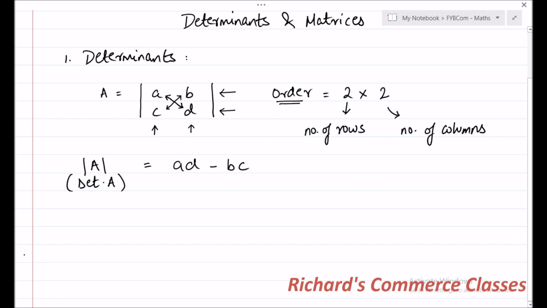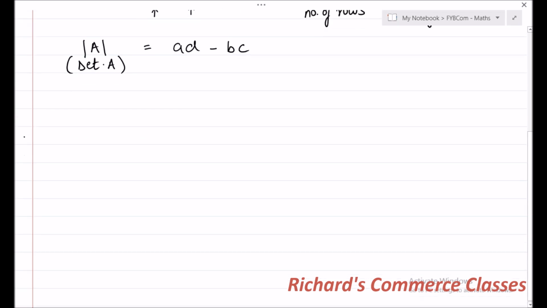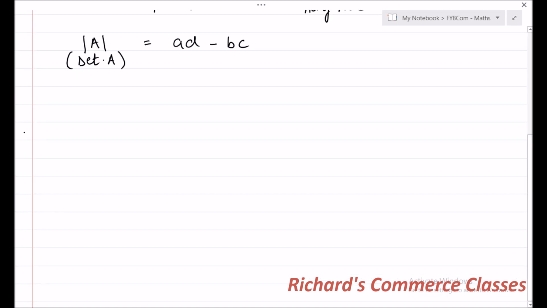Let's take a simple example to see how the value of a determinant is arrived at. Let us say A is equal to 3, 1, 4, 7. Now how do you calculate the value of determinant A?